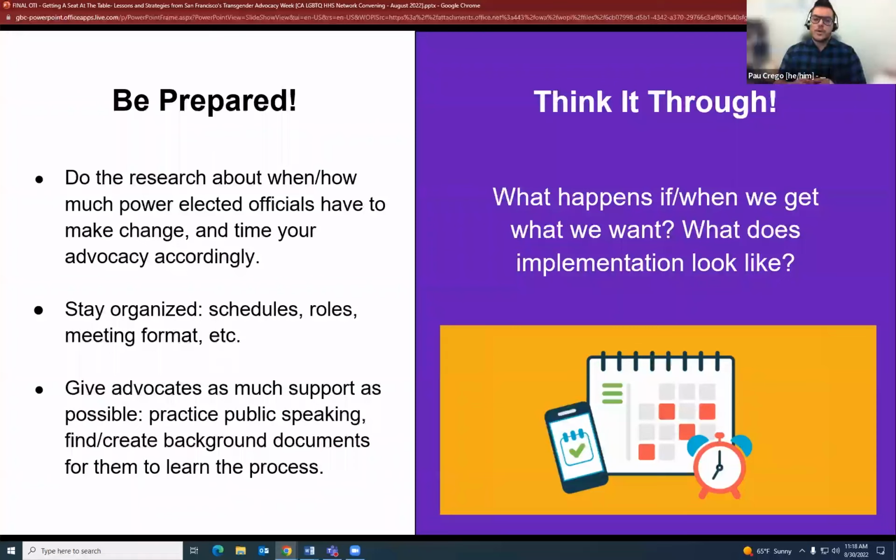One of the ways we showed that we were organized, especially the first year, was with our homelessness data brief, which is in the Google Drive folder for you to see. It was a beautiful document with all these data points around trans people's experiences with housing, homelessness, and shelters.